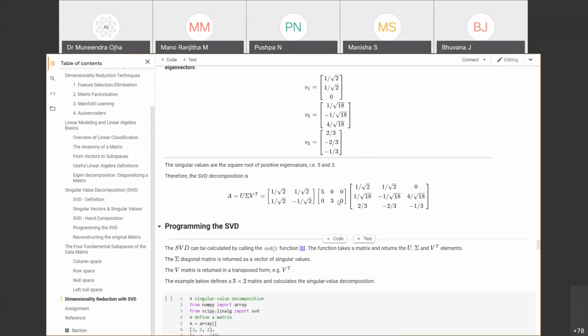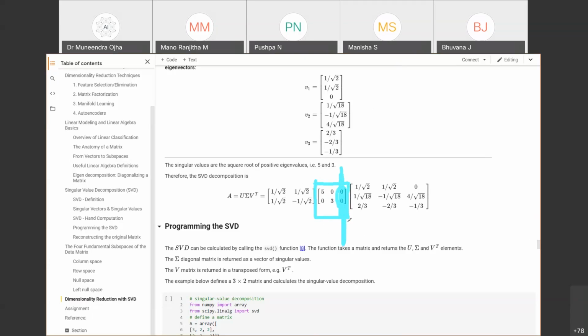So what happens in this? Let me annotate. In this sigma matrix, I have 5, I have 0, I have 5 and 3. These are two singular values which are non-zero. And then I have a third column over here. What if I have to remove this third column?